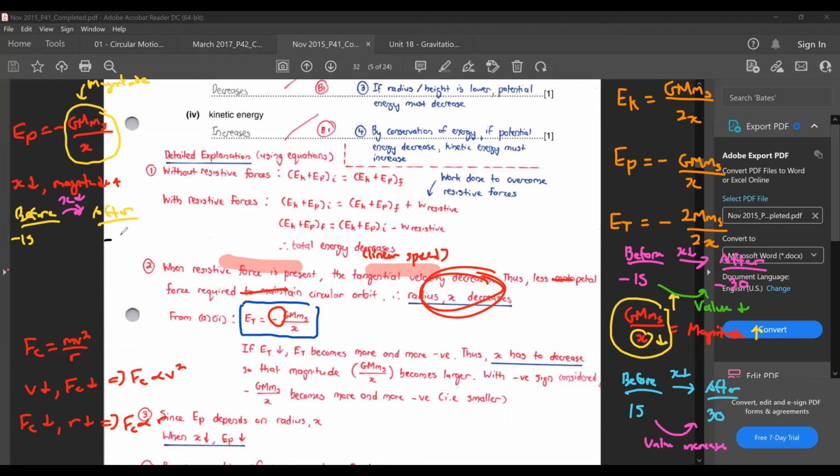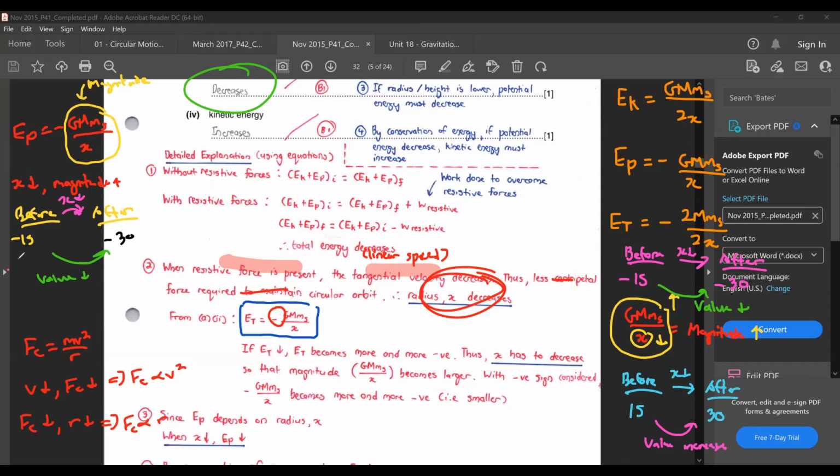But because I have a negative sign there, the conclusion is that my value is decreasing. So that's why my EPE value here, I can say it as decreasing. If you look at the equation itself and take into account the negative, when X is dropping, I know my magnitude increases, but after taking into account the negative, it's telling me that my value is decreasing even more.